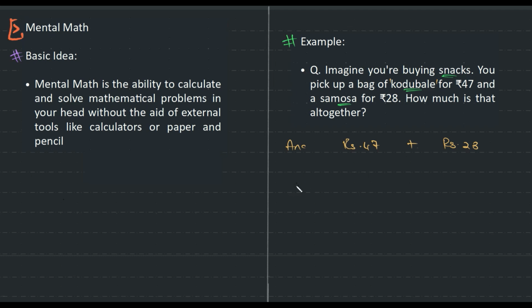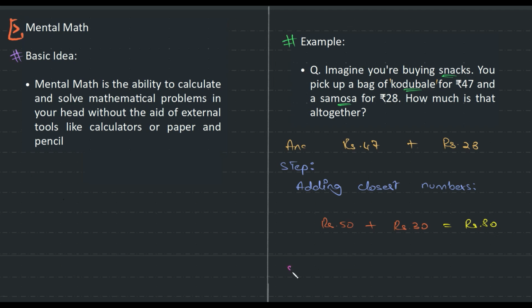So, step one, adding closest numbers. This will be rupees 50 plus rupees 30, which will give us rupees 80. Do you guys agree?